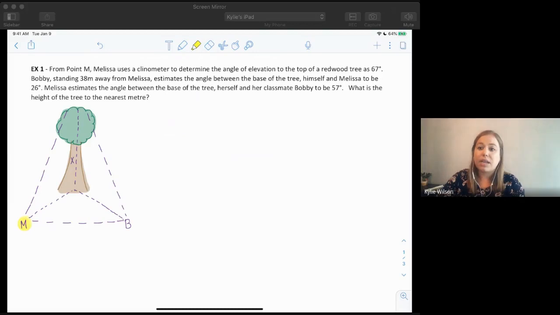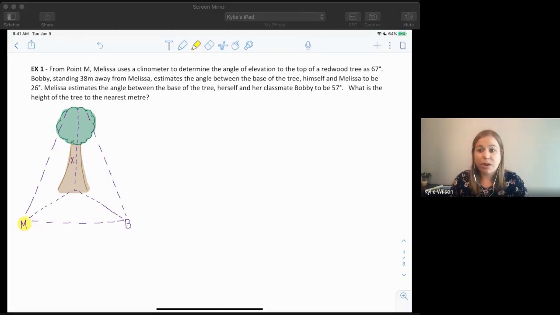Now what a clinometer is, you may have made one in elementary school, but it's basically this device that I can look out straight at something and look straight up and measure the angle that my head tilted up.